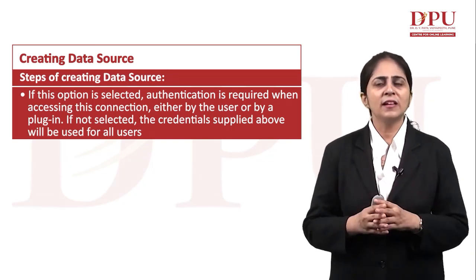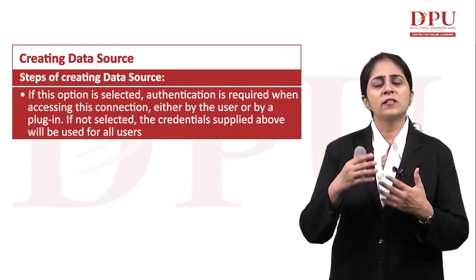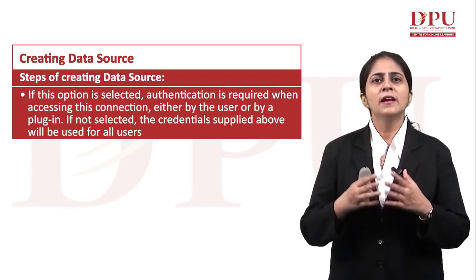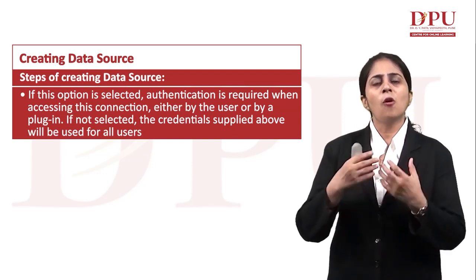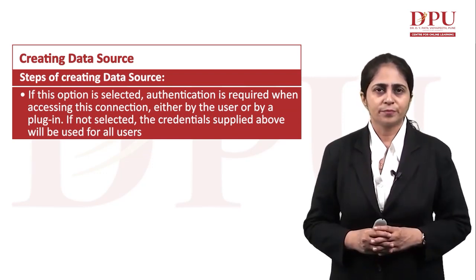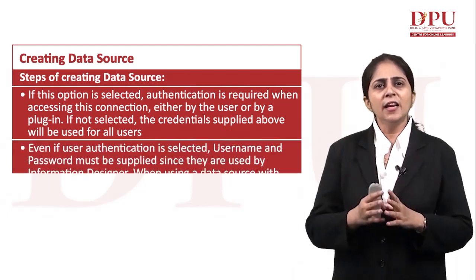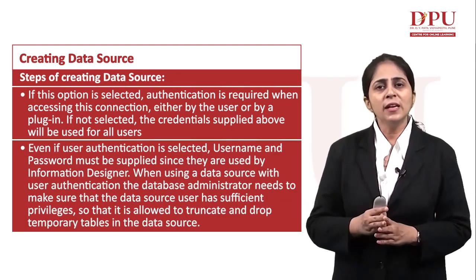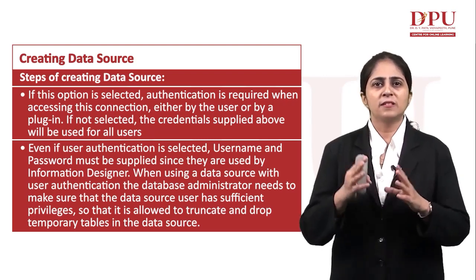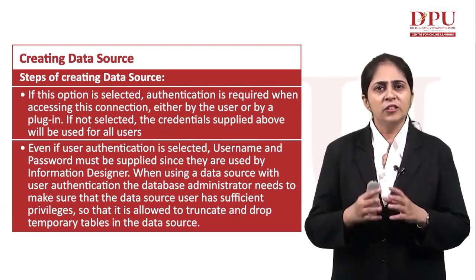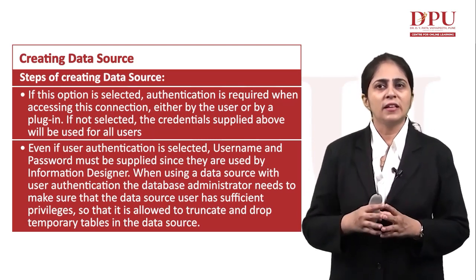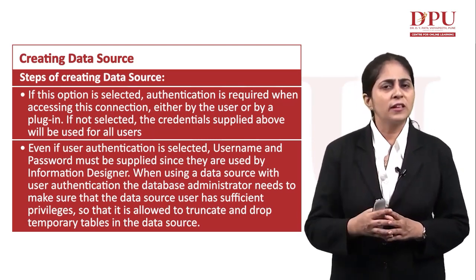If it is not selected, the credentials supplied in the above steps, the username and the password, will be used for all the users. Even if user authentication is selected, the username and the password must be supplied, since they are used by the information designer when using a data source with user authentication.